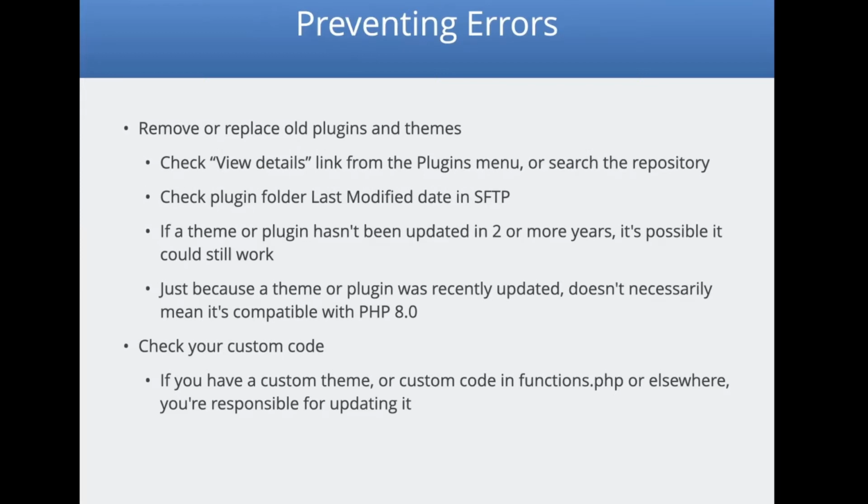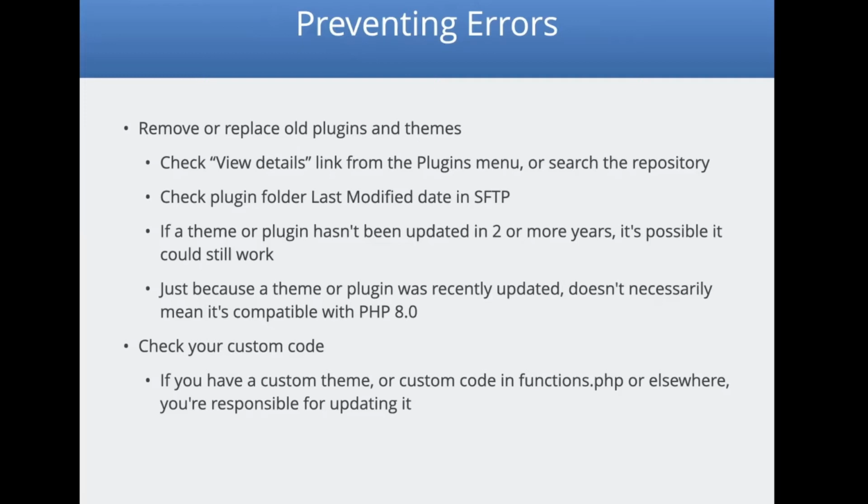So you can also search the repository for that plugin name. One thing to note is that the search won't work for plugins that haven't been updated in over 2 years, I believe. So if you don't see it come up in a search, then it's probably too old.